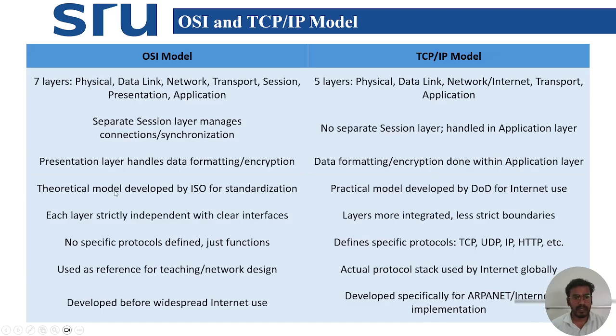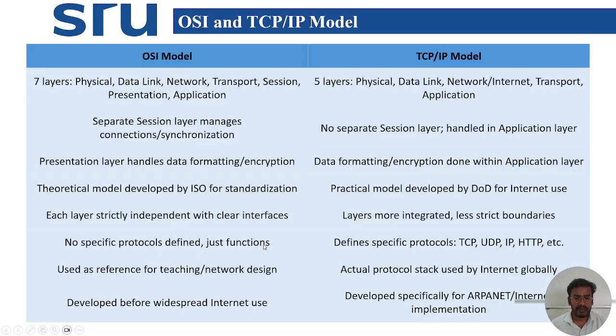The OSI model is a theoretical model developed by ISO for standardization. The TCP model is a practical model developed by DoD for internet use. In the OSI model, each layer is strictly independent with clear interfaces, whereas in the TCP model, layers are more integrated with less strict boundaries. In the OSI model, no specific protocols are defined, just functions.